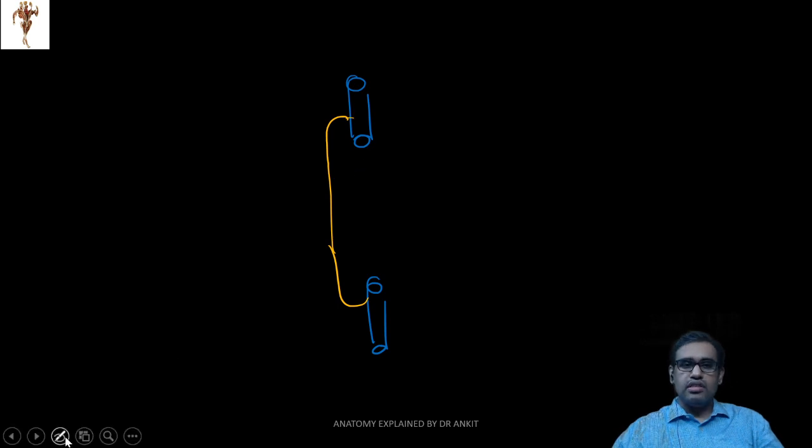So imagine if there is an obstruction. Let me show you the obstruction in this green color. Imagine there is an obstruction in the SVC over here, could be due to any tumor. Blood is actually shunted from here. Then from here it would go to the posterior intercostal veins, and from the posterior intercostal veins it could go to the anterior intercostal veins. From there it could go to some other path like the subclavian veins, but ultimately they will also be blocked over here, so it may follow a different path.